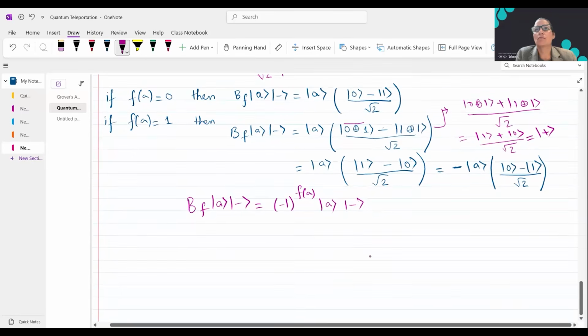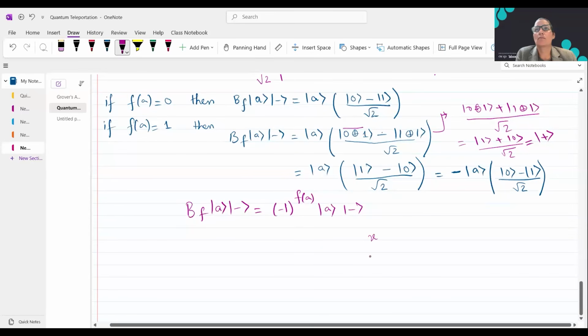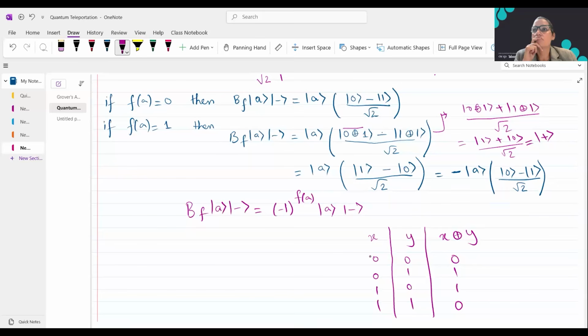So let me write it down. x, y: 0 0, 0 1, 1 0, 1 1, and x XOR y. So 0 0 will give us 0, this will give us 1, 1, and then again 0, right? So when we apply this XOR operation over 0 and 1, we get 1 out of it. And when we apply this XOR operation over 1 and 1, we'll get the output 0.